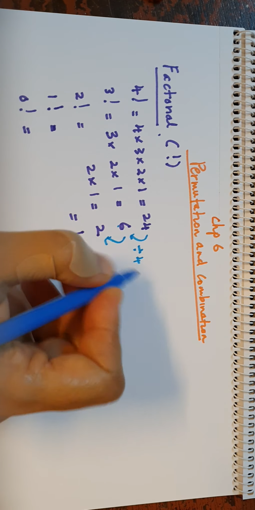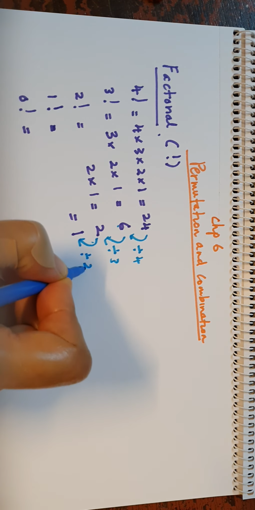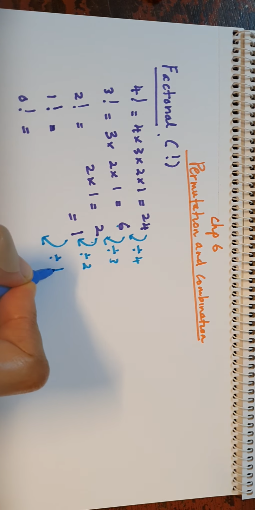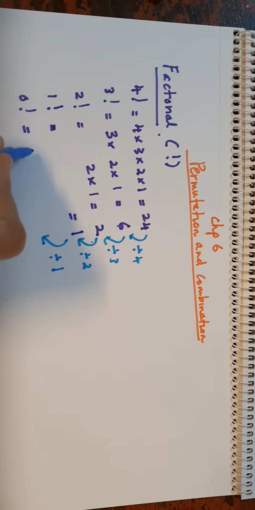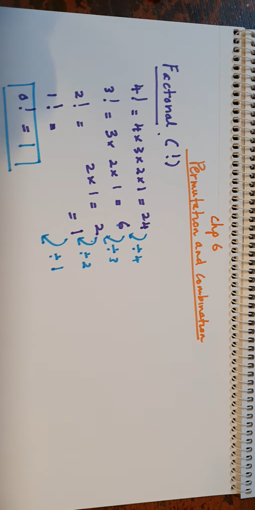Here 6 to 2, you divide by 3. 2 to 1, you divide by 2. Seeing the pattern? Finally, if you want to go down here, you have to divide by 1. So 1 divided by 1 will give you also a 1. So 0 factorial is defined as 1. Okay? So what is 0 factorial? It's just a 1. Okay? It's the same as 1 factorial.